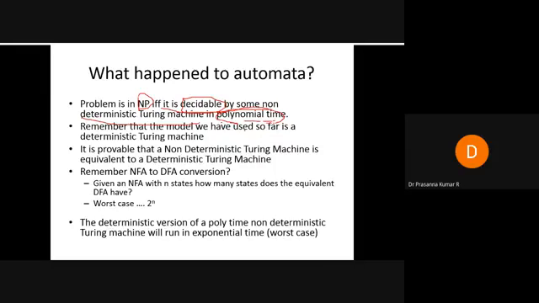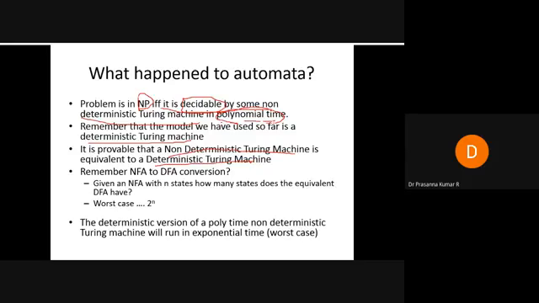Whatever we were discussing until, maybe in your 4th unit, you might have discussed Turing machines, and all those Turing machines were deterministic Turing machines. Actually, an NDT, that is non-deterministic Turing machine, is equivalent to a deterministic Turing machine. Probably in your first or second unit, you might have proved that an NFA is equivalent to a DFA.